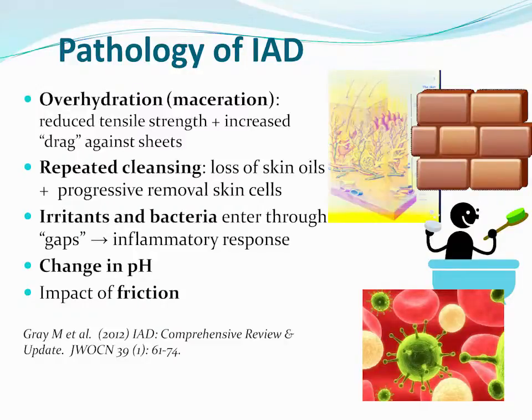In addition, we get changes in pH, so overhydrated skin is much more alkaline, and we know that alkalinity reduces resistance to bacterial penetration, so that change in pH is negative, and we've already talked about the impact of friction.